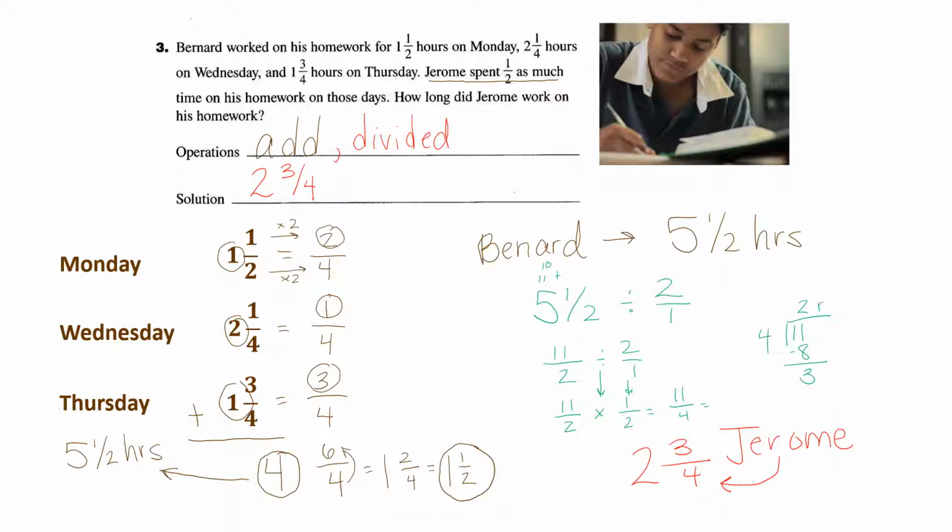Remainder 3, which would be 3, and I can write that as 2 3/4. So Jerome, as we said, studied for 2 3/4 hours. And if you really want to know, 3/4 of an hour is how many minutes? 45 minutes. So 2 hours and 45 minutes.